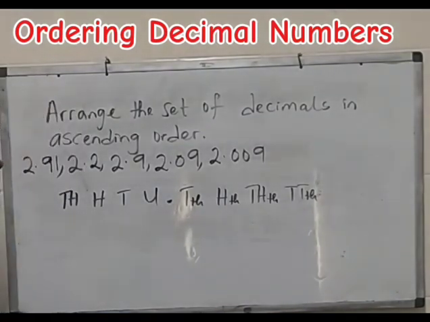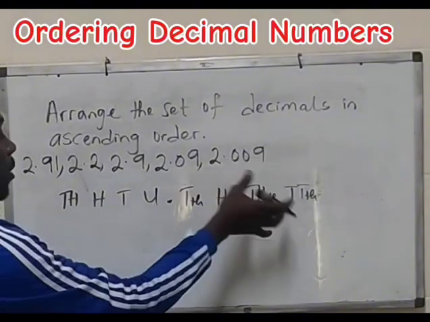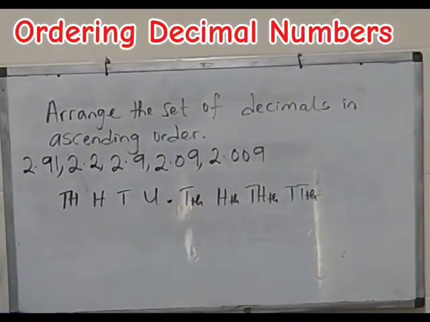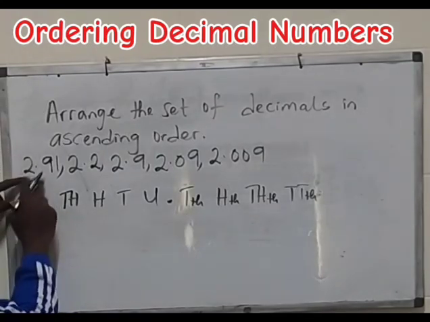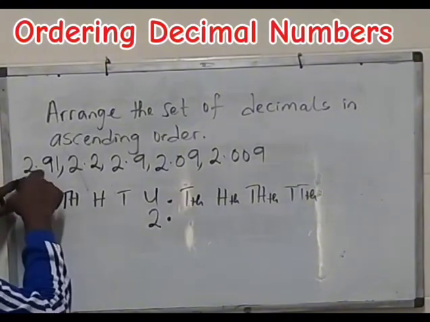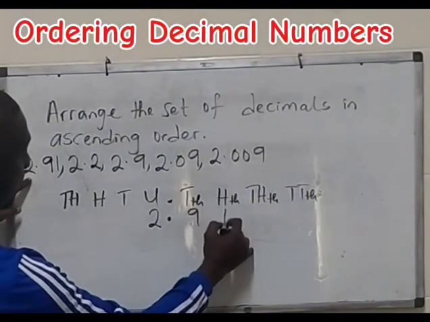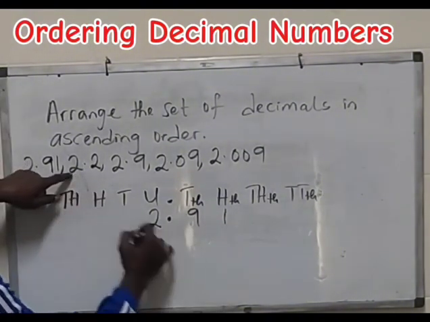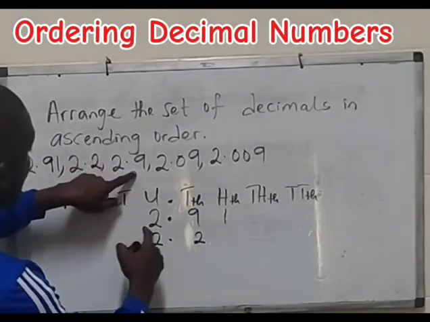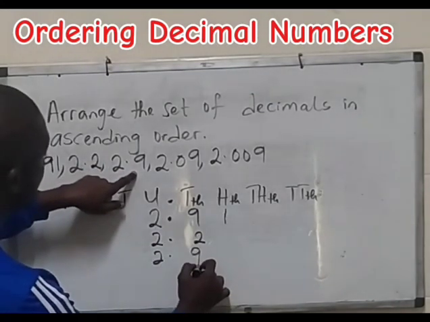Now we're going to arrange all of these decimal numbers under this value. We have 2.91. 2 comes under units because of the decimal. Then 2.2, then 2.9.